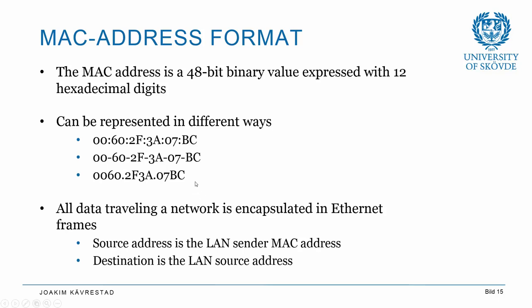But you can also have this third format of a MAC address. All data that is traveling an Ethernet network is encapsulated in an Ethernet frame. And the source address is the local area network sender's MAC address, and the destination is, of course, not what it says in this slide, but the MAC address of the intended target.